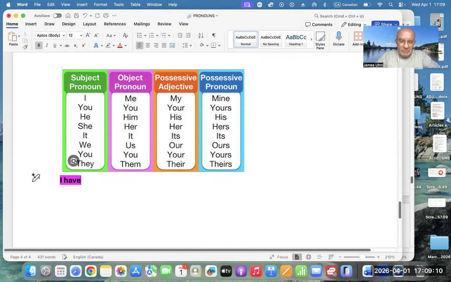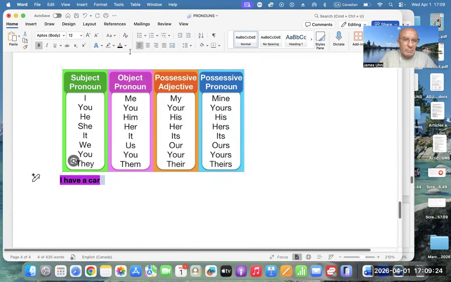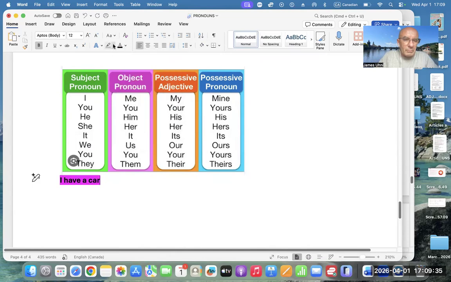I have a car. Okay, I don't like the color, so I will get rid of it. No color. Oh, this one.